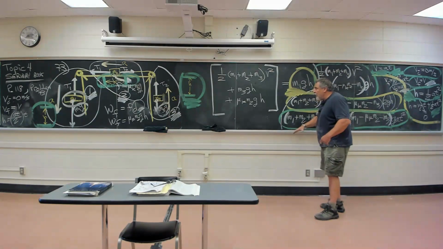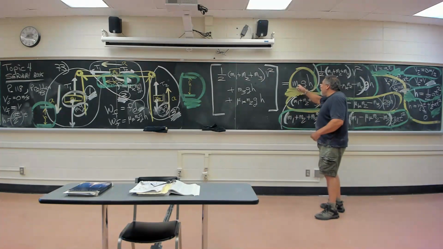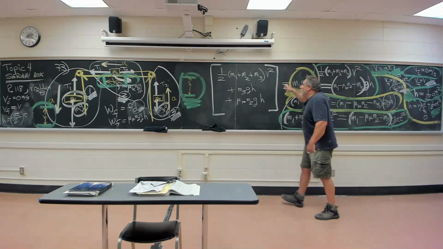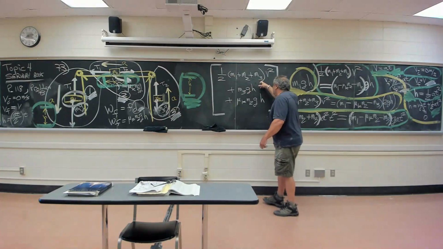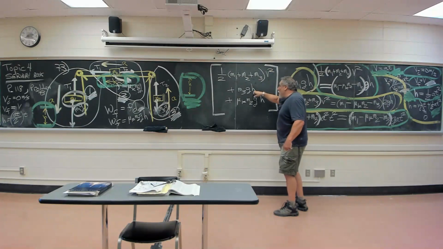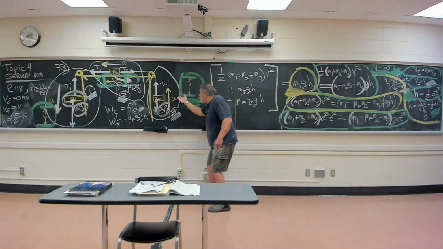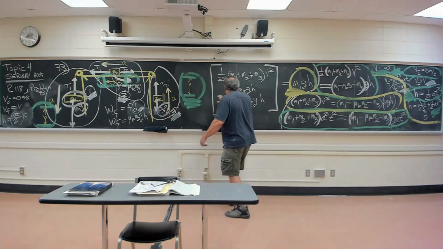M1gh is the potential energy that was given up by this relatively massive object. Where did that potential energy go? It gave kinetic energy to the whole system, 1/2 mass velocity squared, where the total mass is the sum of all three. It also gave potential energy to the lighter mass.